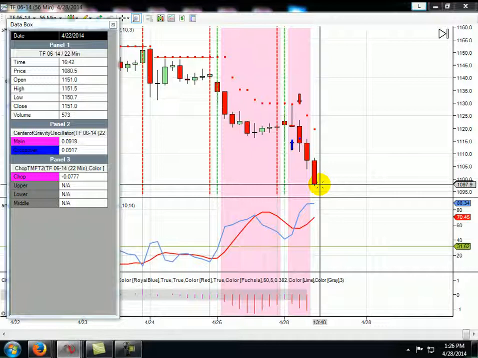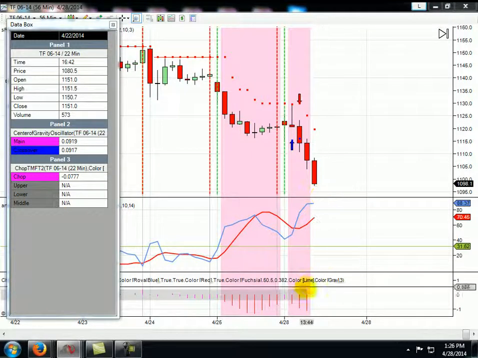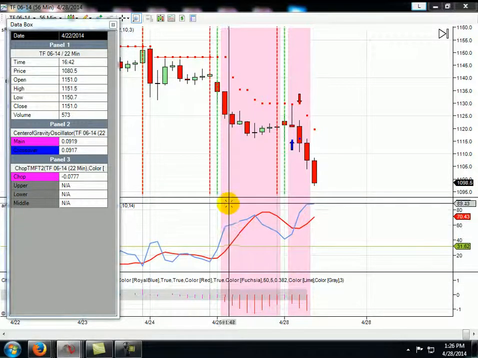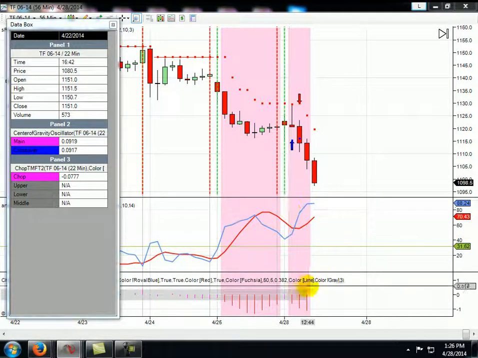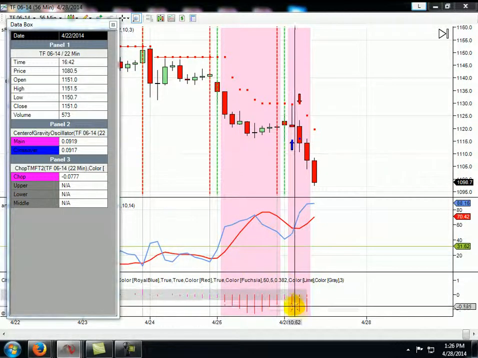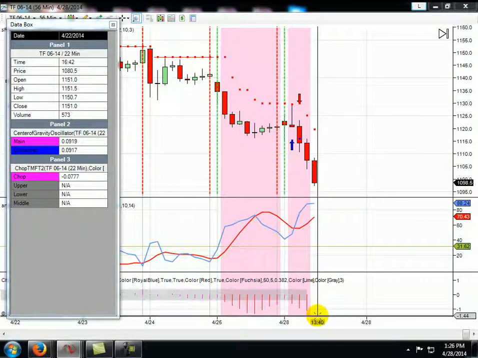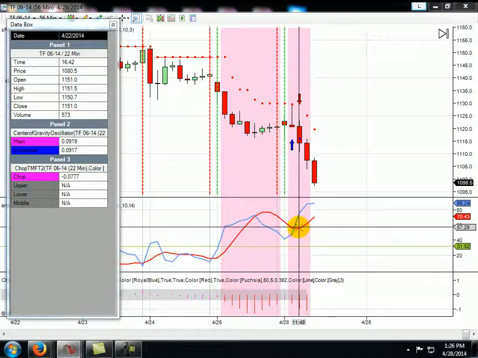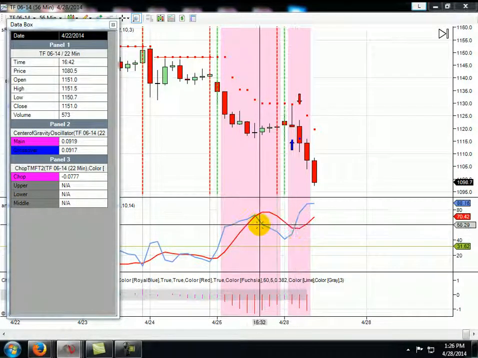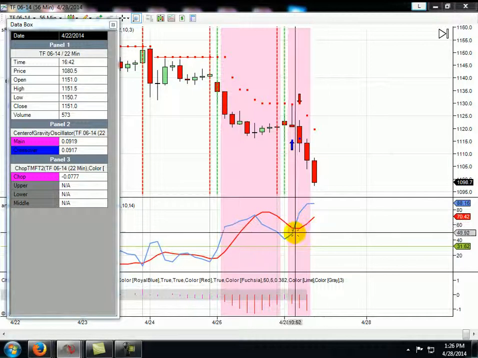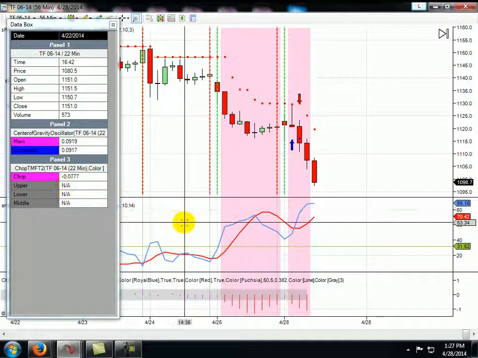So that's it. And I believe that I was basing the exits off of the chop meter on the ATR, just because I have the, yes, I was, because I have the efficiency ratio on this screen, along with the data box.